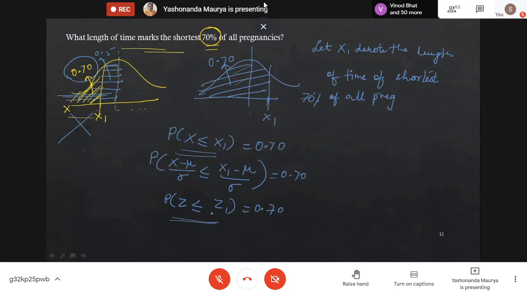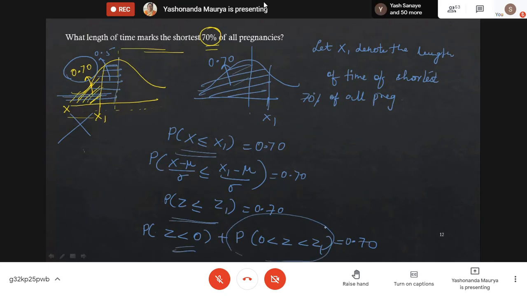So this means probability that z is less than 0 plus probability that z lies between 0 and z1 is 0.70. This value is 0.5. So what is this value? This will correspond to 0.20.